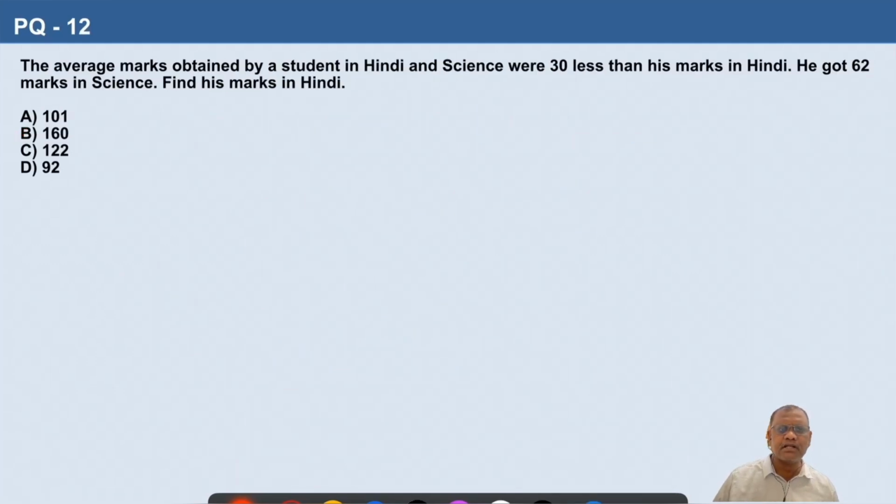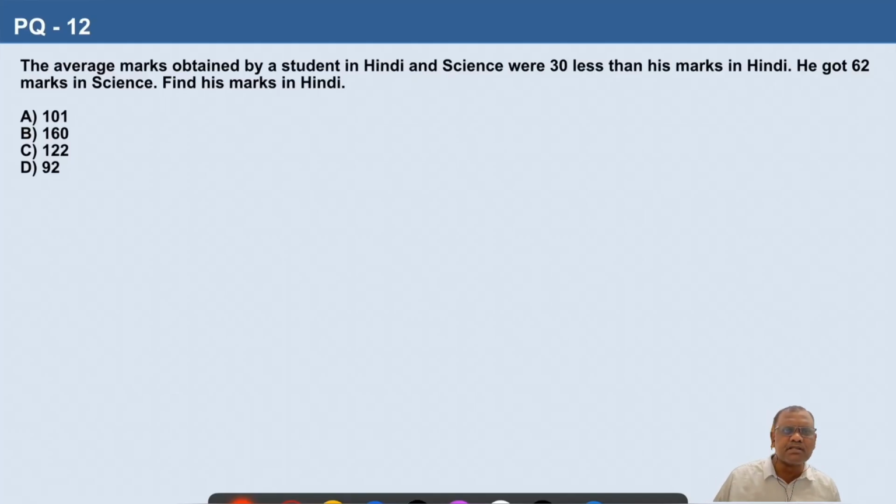Question number 12. The average marks obtained by a student in Hindi and Science were 30 less than his marks in Hindi. He got 62 marks in Science. Find his marks in Hindi.